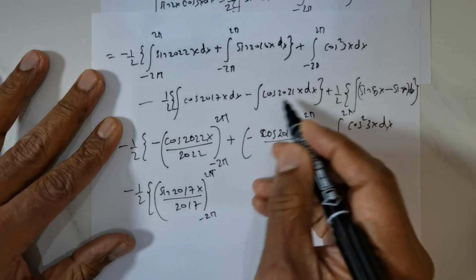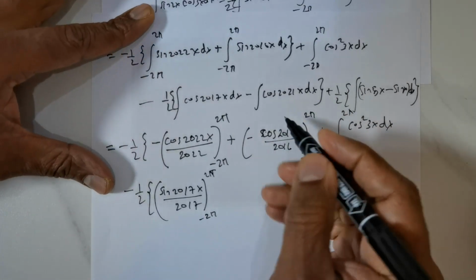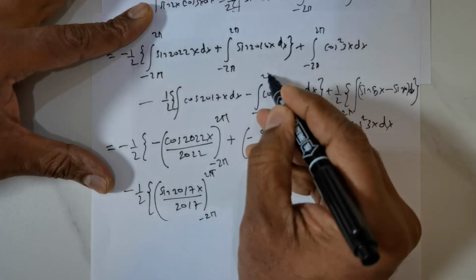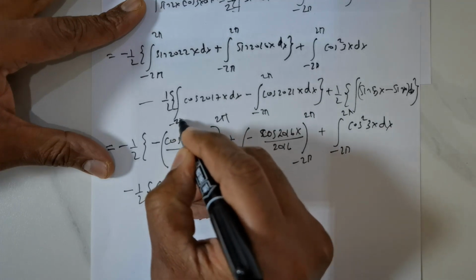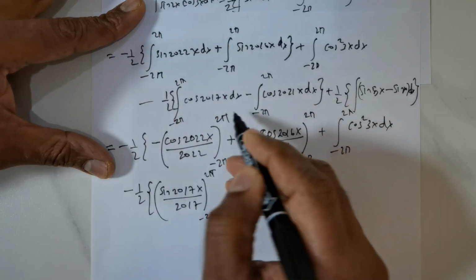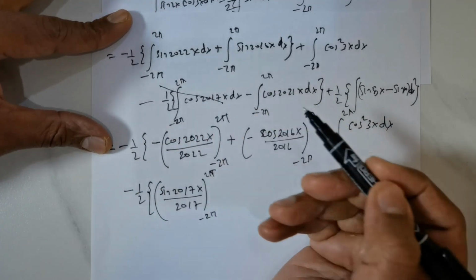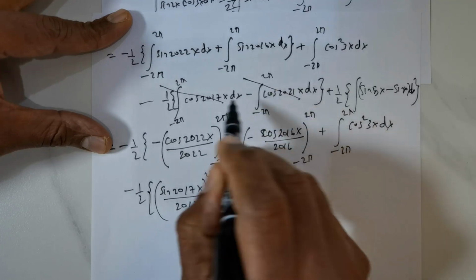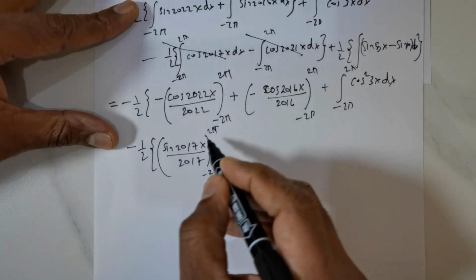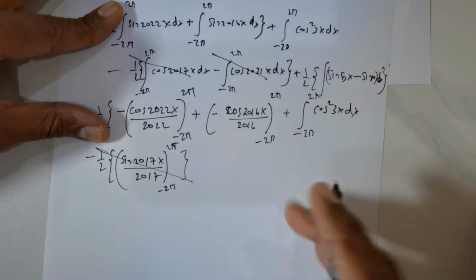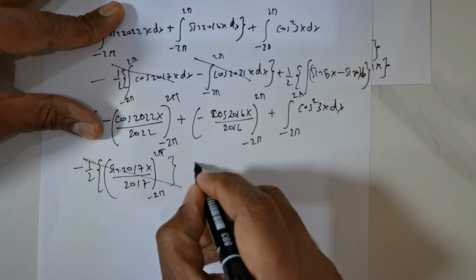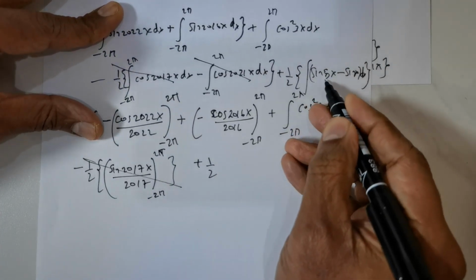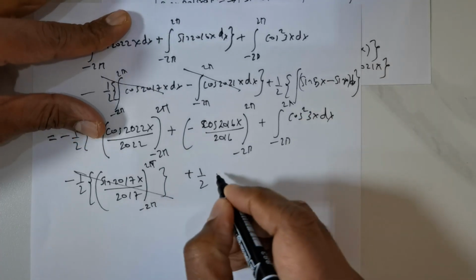I know this will get vanished, right, because of the limits 2 pi to 2 pi. It will produce me sine, so this term will get vanished, so no need to write that down, so I'll just cancel it.